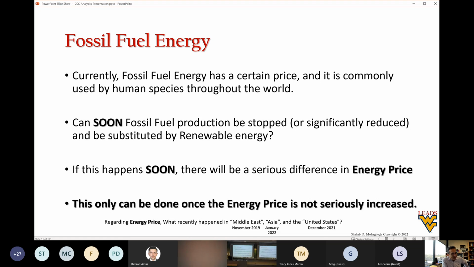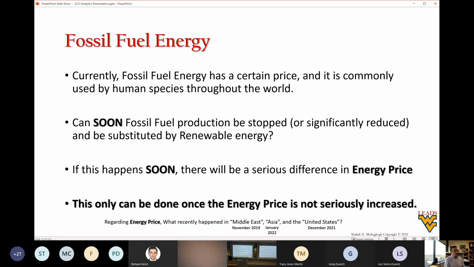And why am I saying that? Because when you see that, the question is, does it make sense today to quickly change the fossil fuel, stop it, and bring in other renewable energy that has a much higher price?